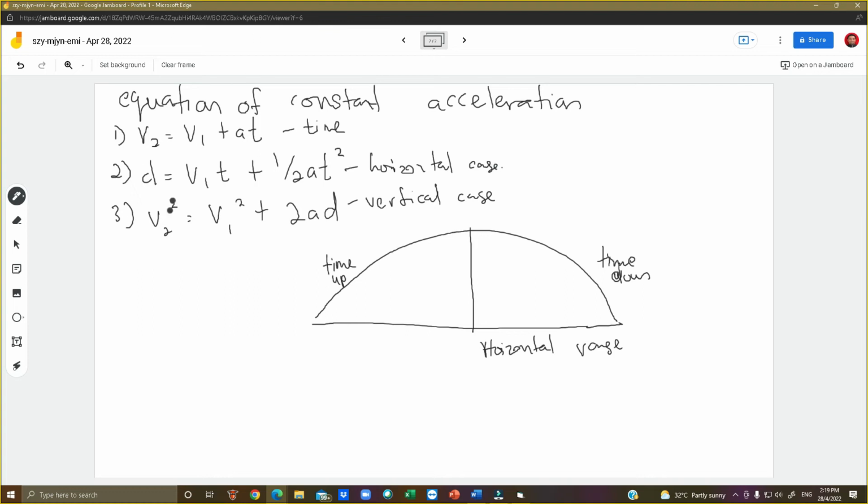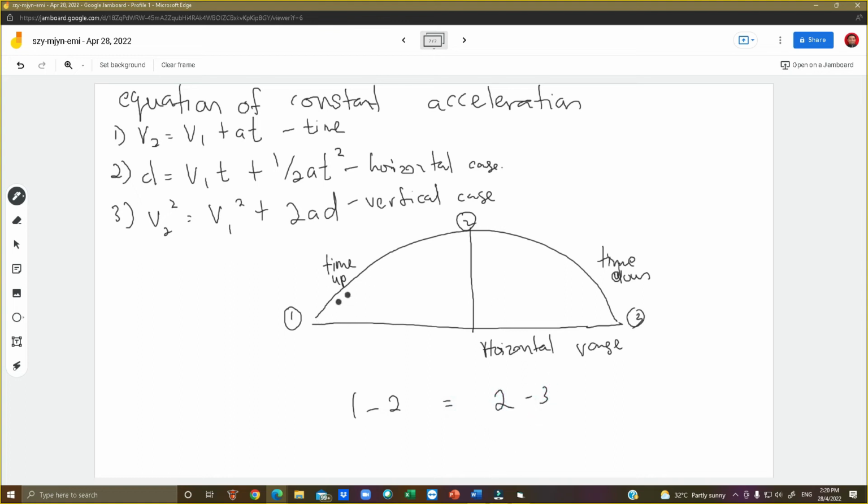Okay. And then, based on this equation, we able to prove some basic information. For example, in a projectile, the time taken of an object to reach apex, 1, 2, 3. 1 kepada 2 is always equals with 2 kepada 3. Masa yang diambil.